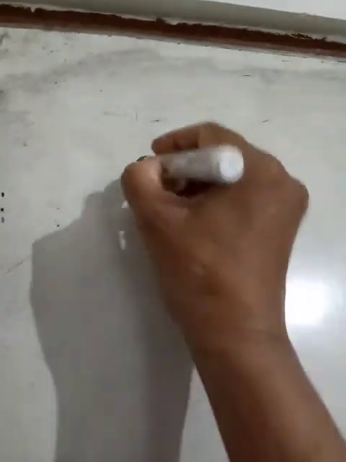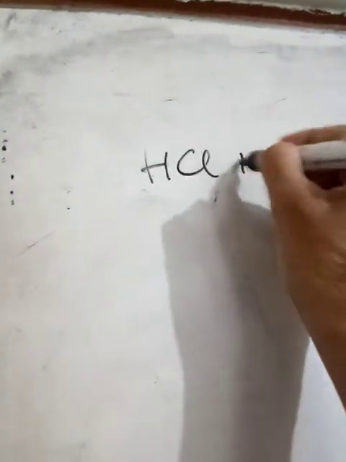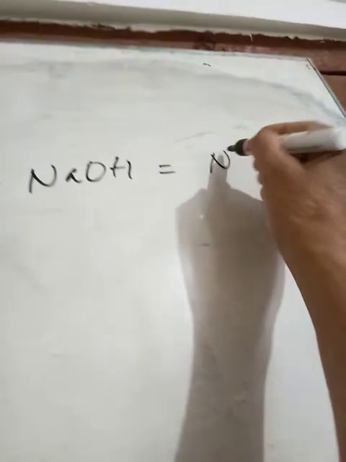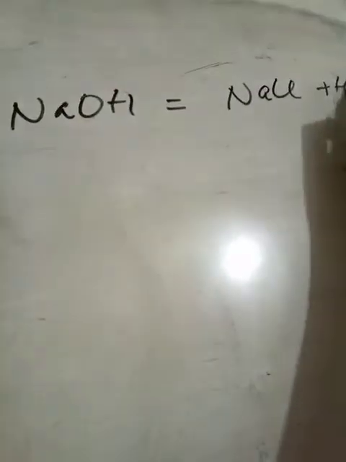Salt may be classified in 2 ways: by neutralization reactions of acids and bases, and by displacement of hydrogen from an acid by metal. Say HCl is neutralized by NaOH, we get NaCl plus H2O.